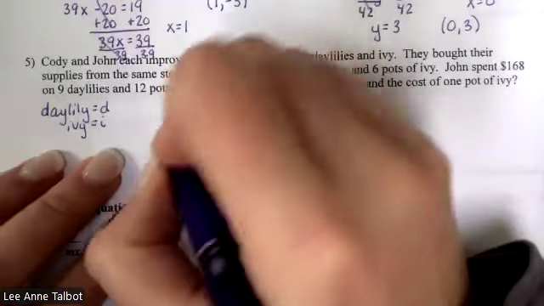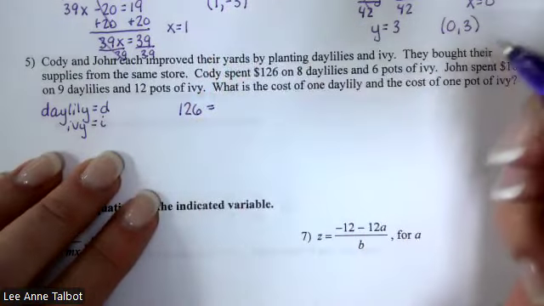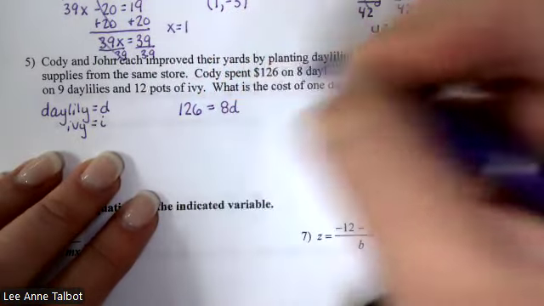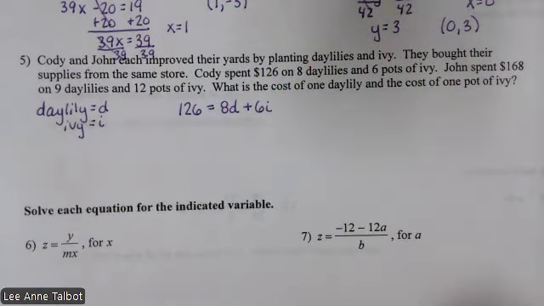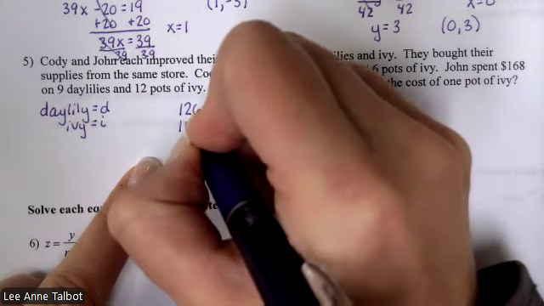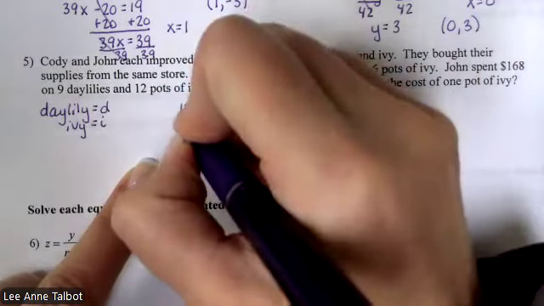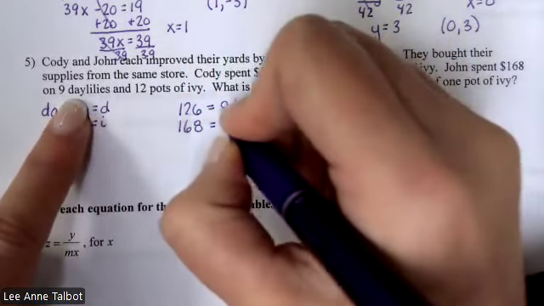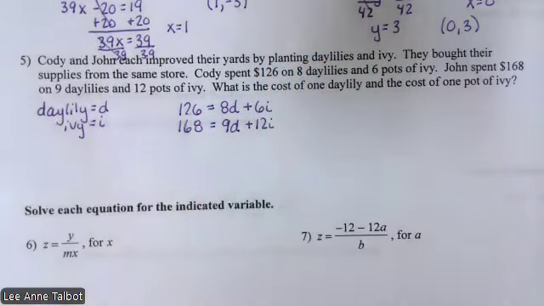Okay, so Cody, 126 for 8 daylilies and 6 ivy. Okay, now John, 168 on 9 daylilies and 12 ivy.